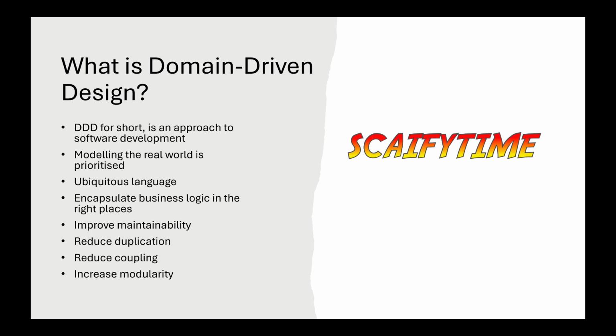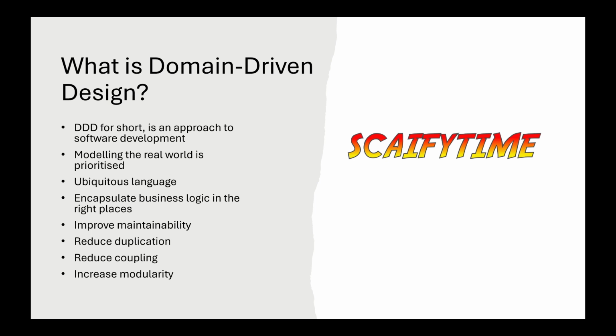DDD focuses on business rules, behaviors, and workflows that define the problem space. By structuring the application around the domain, the code reflects real-world business concepts, making it easier to maintain and extend as the business evolves. So we think of the domain as a sphere of knowledge that we're trying to model in software.